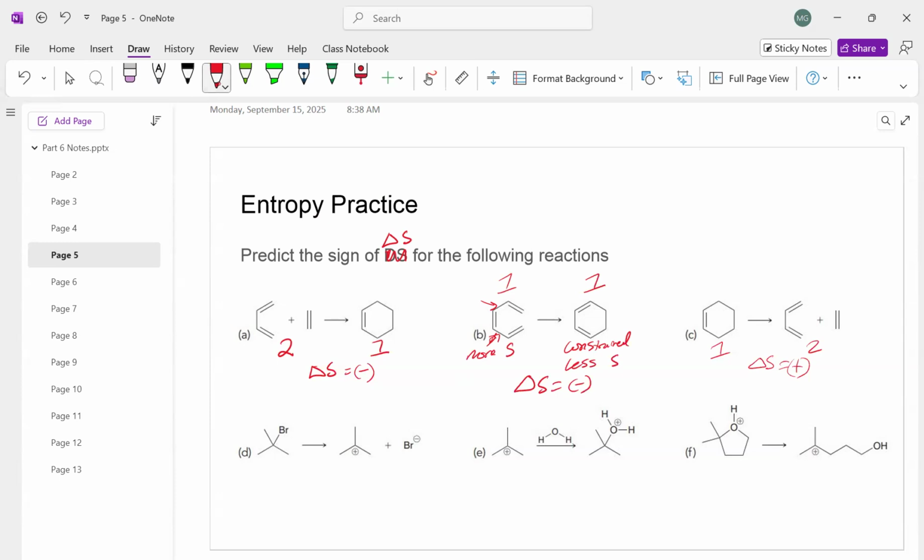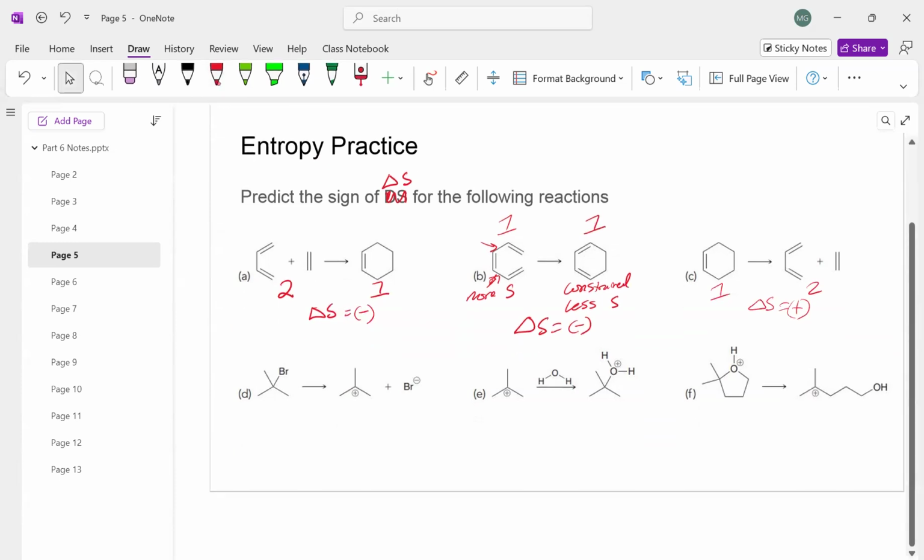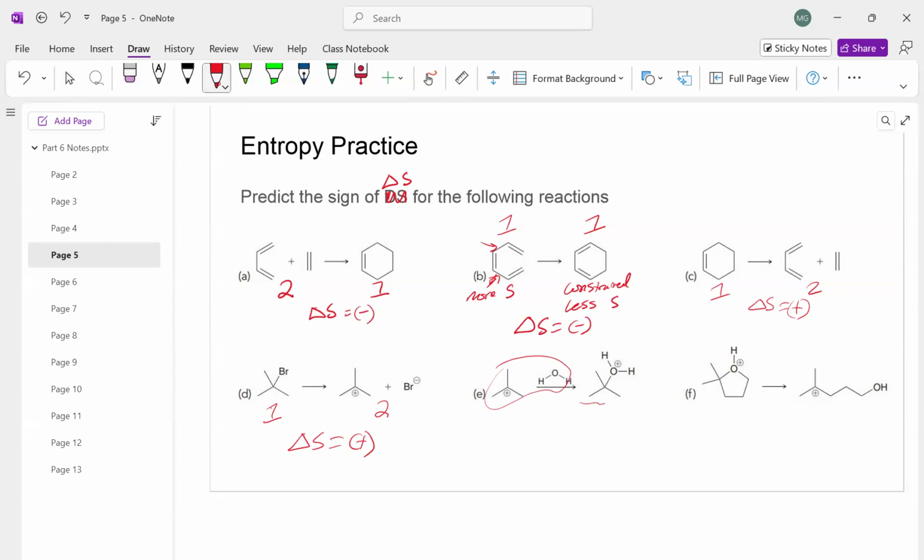That results in a decrease overall of the entropy. Now, if we look at D, we're starting with one molecule, ending with two. That's an increase in entropy. With E, there are two reactants combining to form one product. So that's a decrease in entropy.